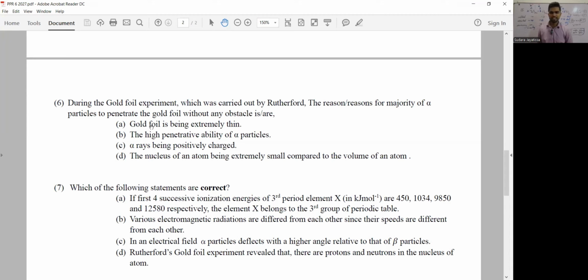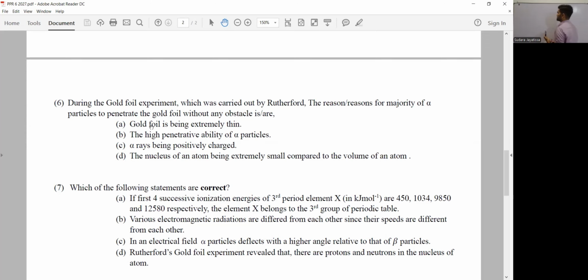So the answer is A and D. That's why in the Goldfoil experiment, the majority of the particles passed without any problem. The other 2 statements, B and C, are wrong. You can say why. Alpha particles have a low penetration ability, so telling it has a high penetration power is wrong. It has the lowest penetration power out of alpha, beta, gamma.